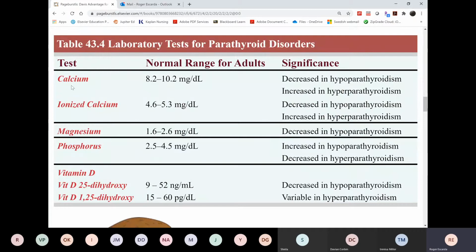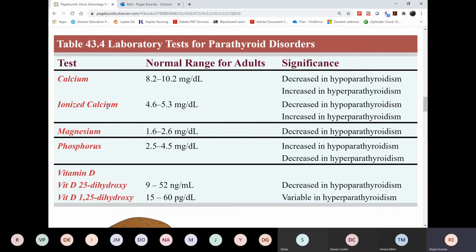Let me just explain the difference between total calcium and ionized calcium. These are different. The total calcium refers to the total body calcium, meaning the calcium found both in your bloodstream and also in your bones. This is the calcium level that they're talking about here.